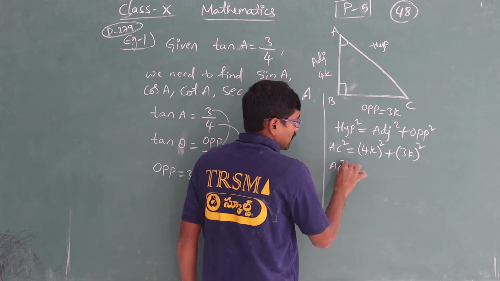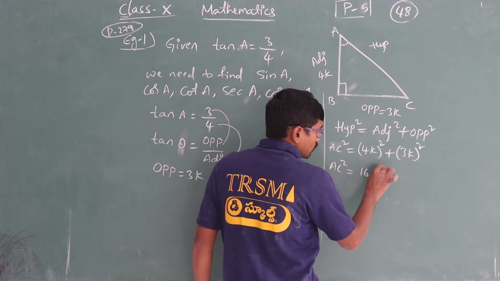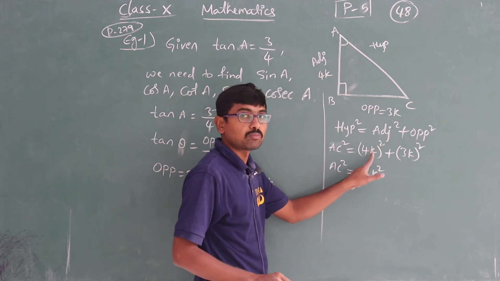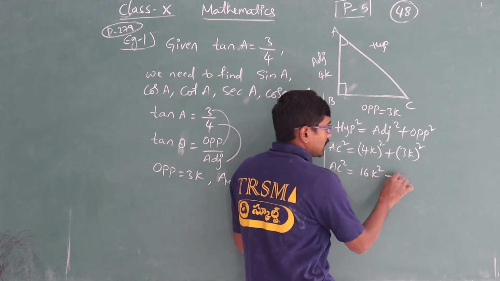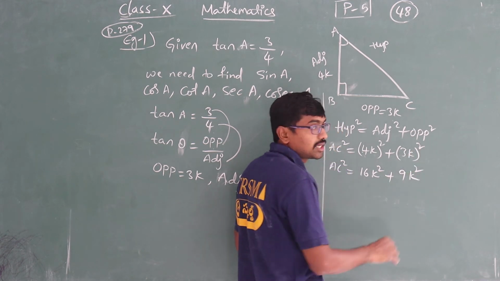Now multiplying, 4 square, 4 fours are 16, 16k square, because the square applies to both 4 and k. Again 3 square, 3 threes are 9, 9k square.